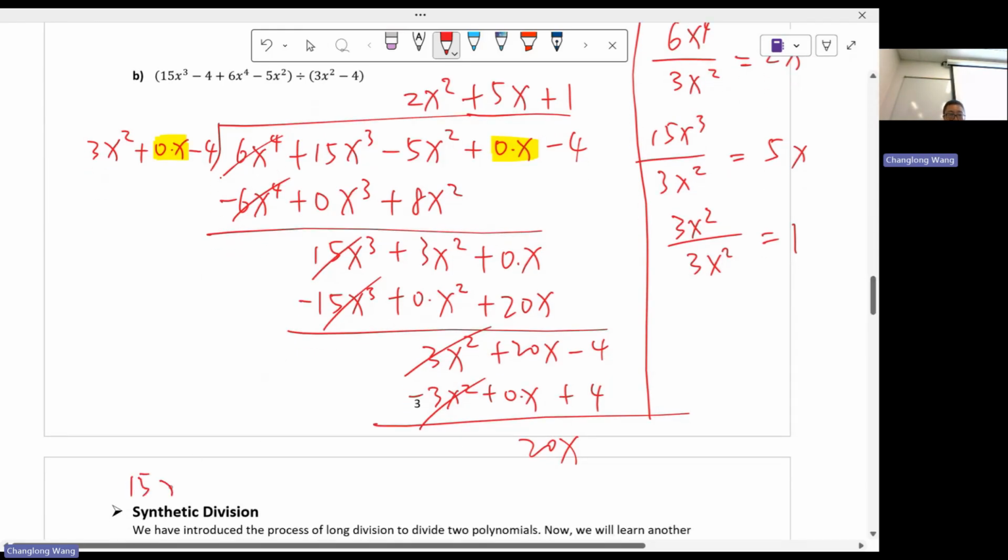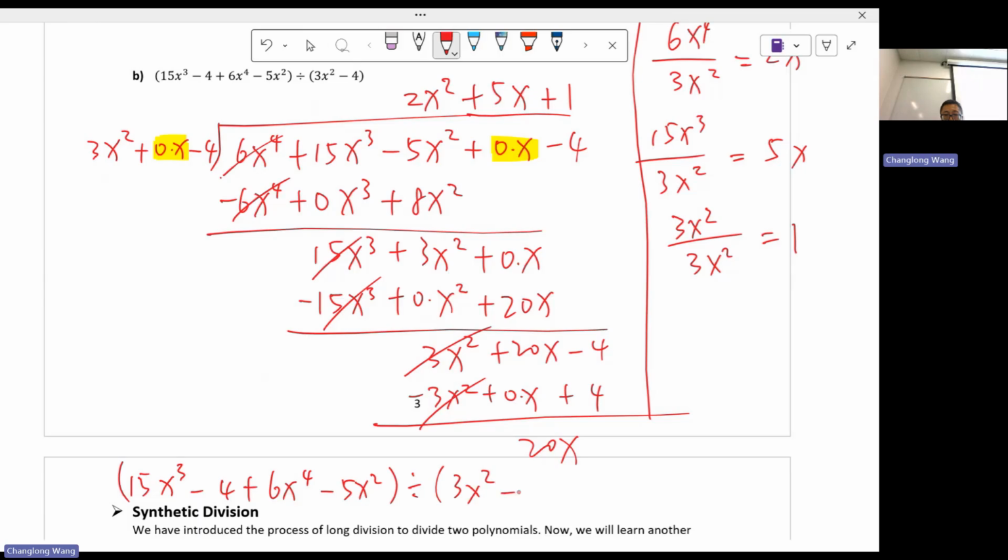Whatever dividend it is, divided by 3x squared minus 4. So you're looking at the quotient 2x squared plus 5x plus 1 plus the remainder 20x over the divisor 3x squared minus 4.